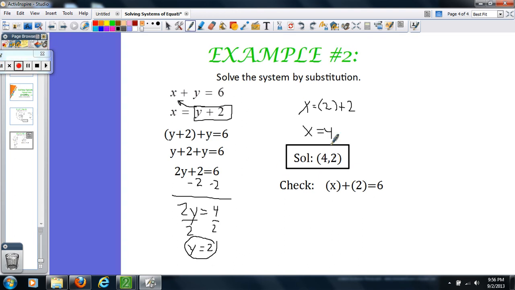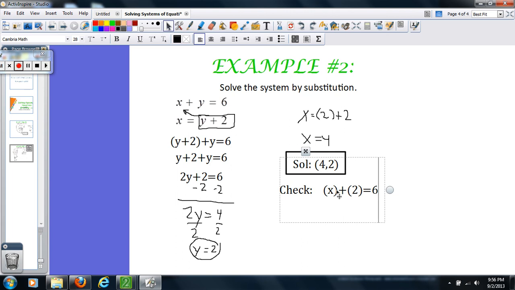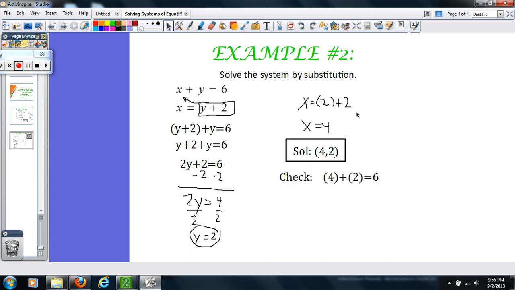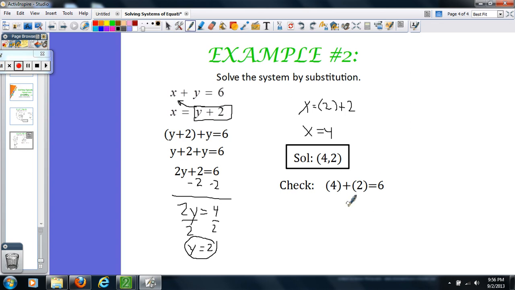Oops, let me fix that. And this should be 4. There we go. And I know that 4 plus 2 is 6, so 6 equals 6. So this checks, which means this is the correct answer.